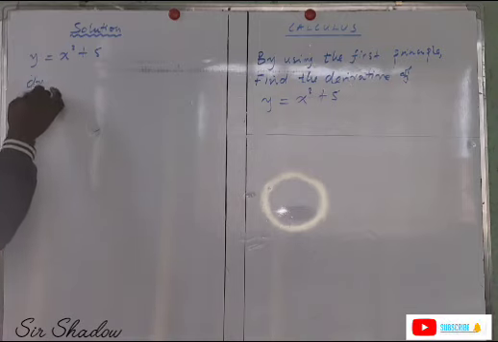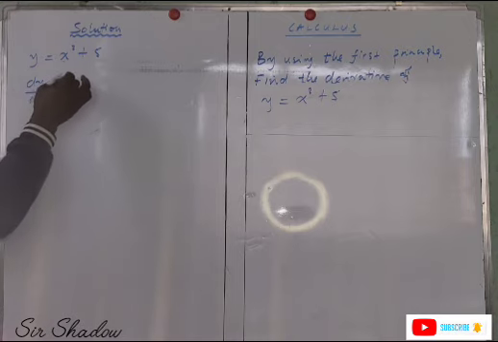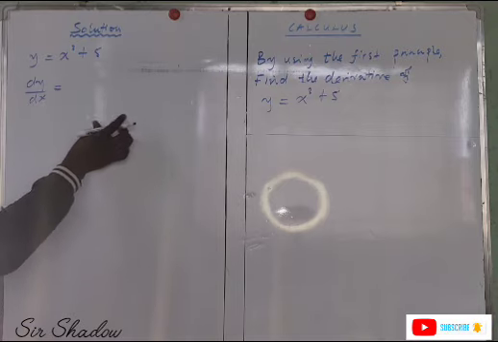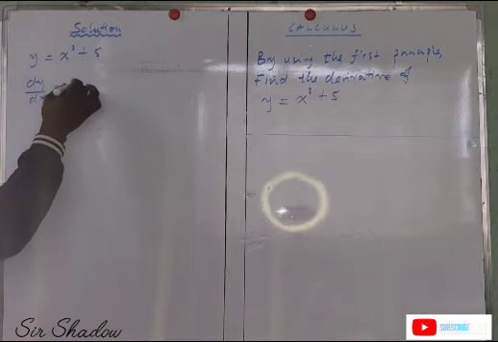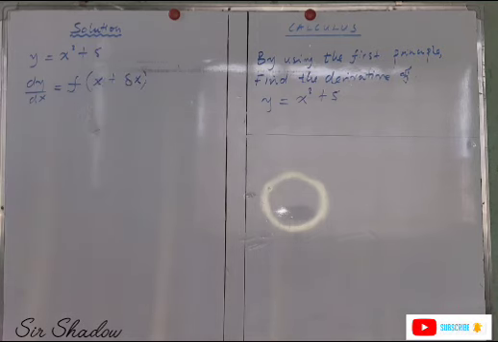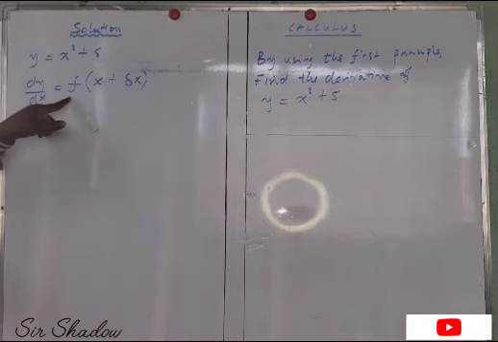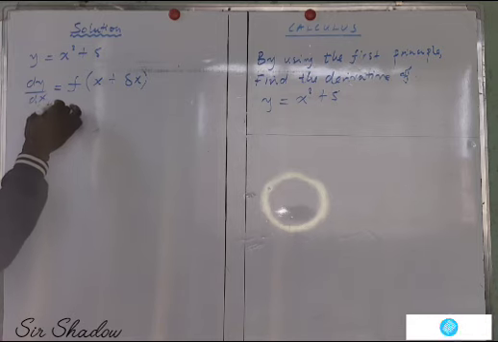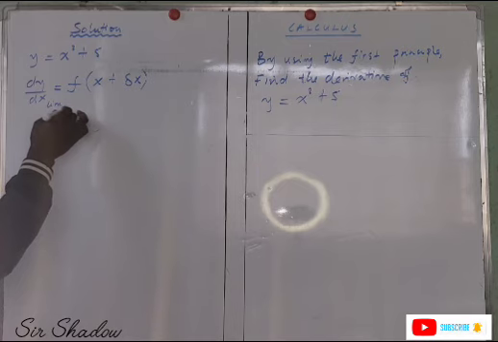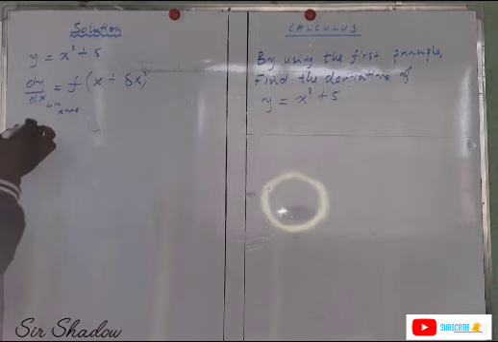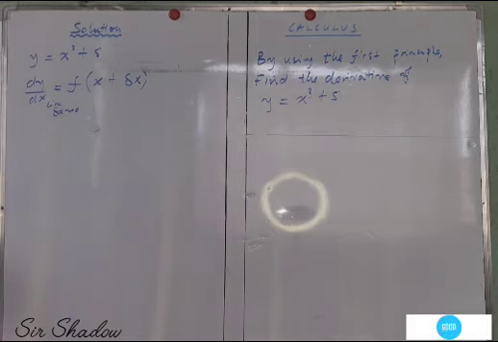Meaning to say, dy dx is equals to f of x plus delta x, with limit where delta x approaches 0.